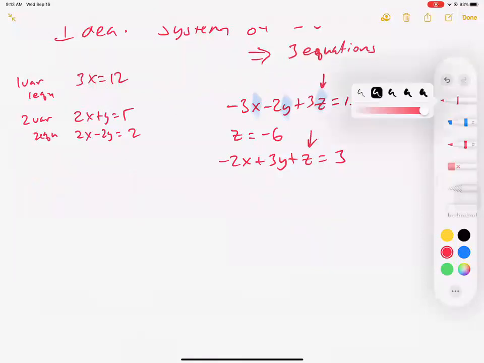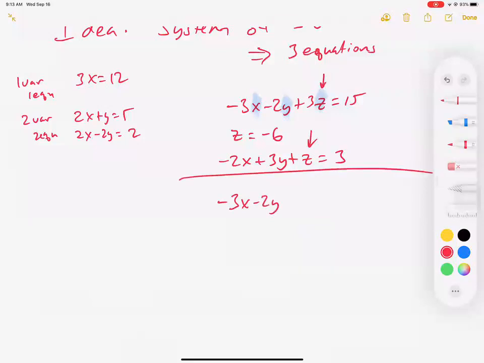And this 3 variable, 3 equations problem actually turns out to simplify: negative 3x minus 2y plus 3 times negative 6 is equal to 15, and negative 2x plus 3y plus negative 6 equals 3.